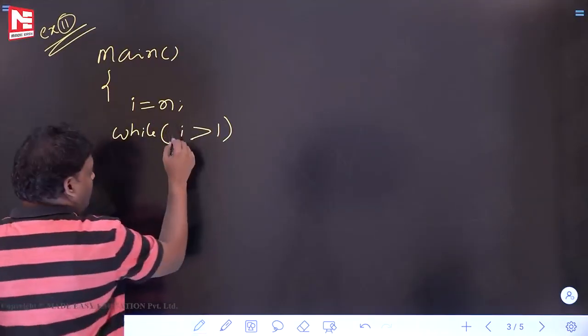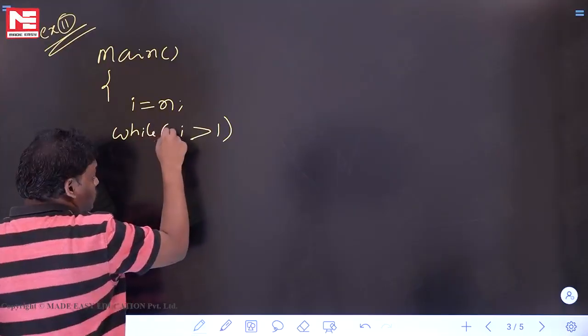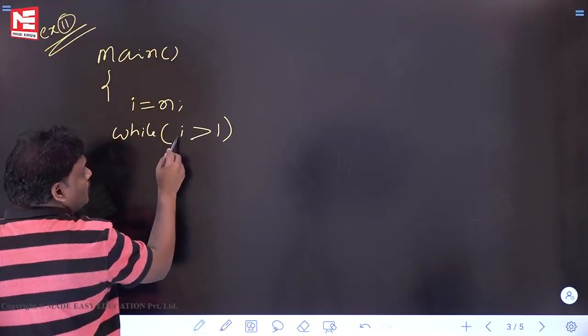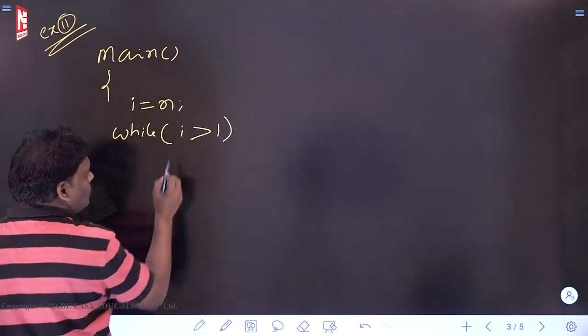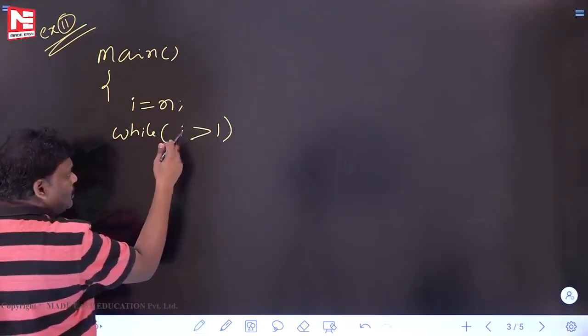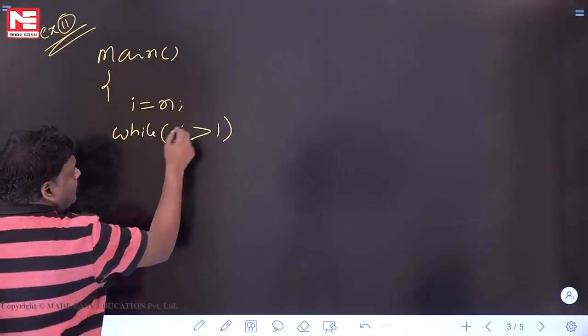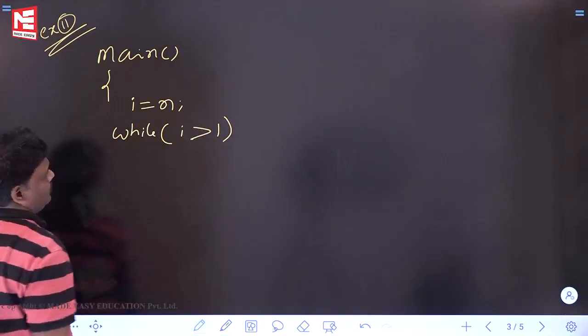Please be careful. So i is initially n, and afterwards i should keep on decreasing. If it doesn't decrease, the condition is always correct and it will go to an infinite loop. So it is n minus something, whatever it may be, it will keep on decrementing like that.